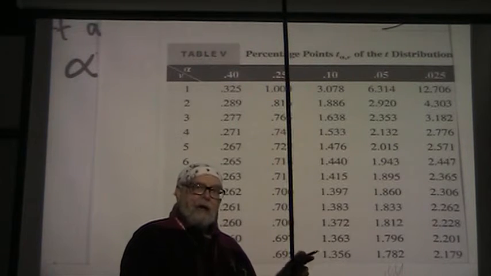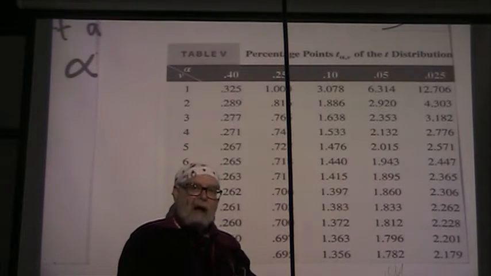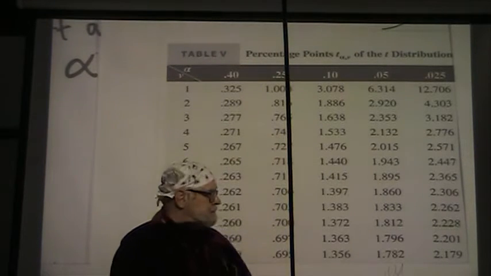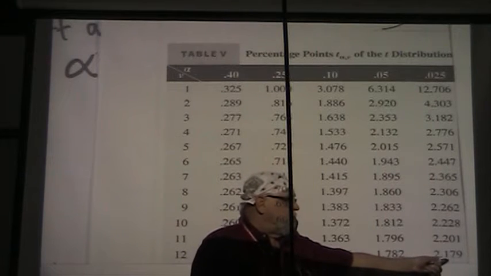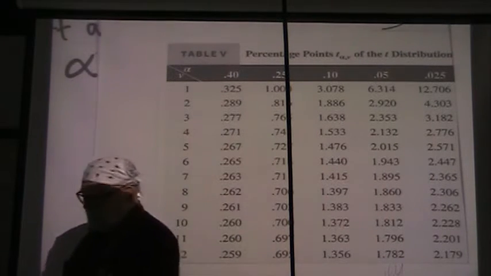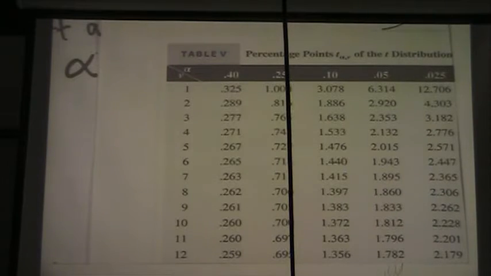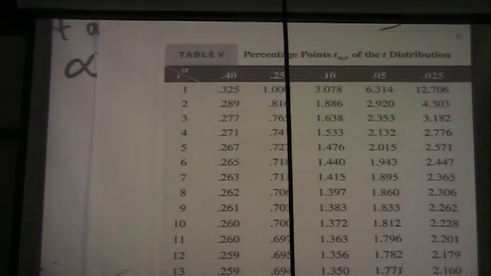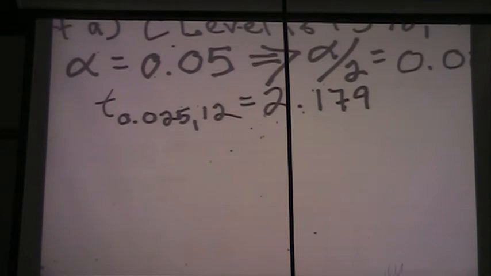So my T of 0.025 with 12 degrees of freedom is 2.179. See, easy enough.